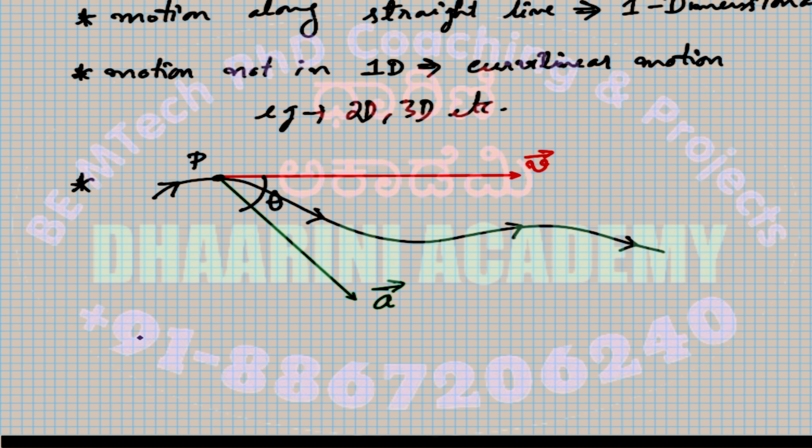If this theta is between 0 and 90 degrees, the velocity of the particle increases.